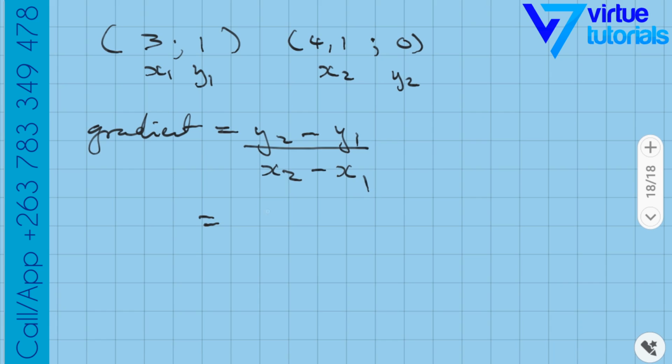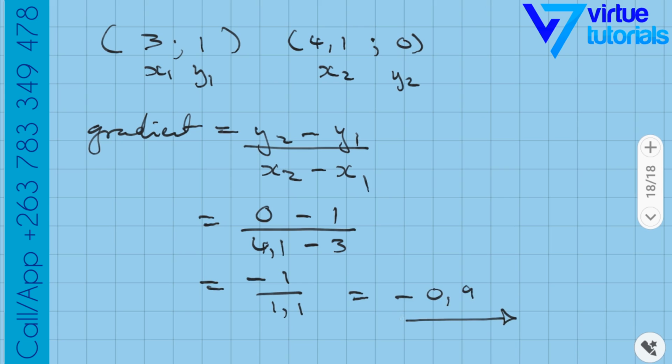My y2 is 0, my y1 is 1, my x2 is 4.1, and my x1 is 3. So I get minus 1 divided by 1.1. That's going to give us maybe a minus 0.9 something as your final answer for your gradient.